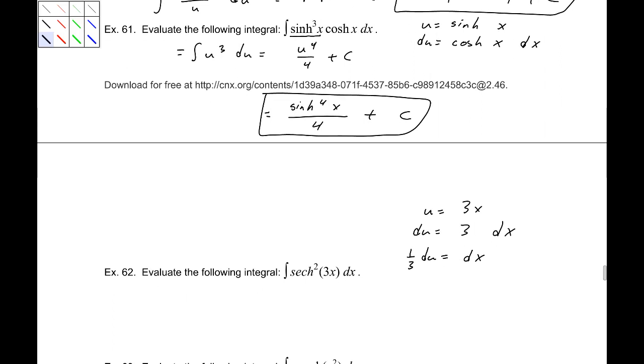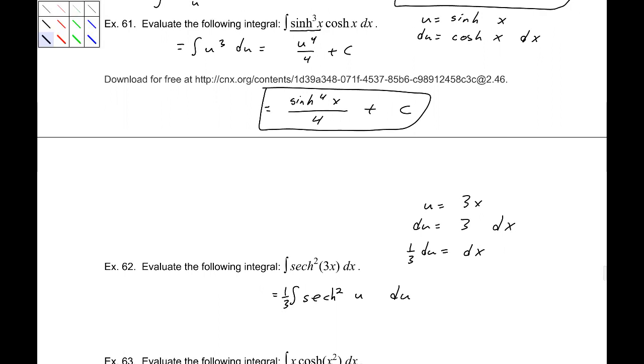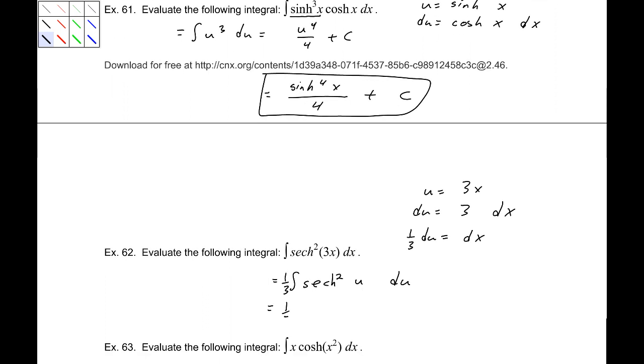So writing this in terms of u, we get the integral of hyperbolic secant squared u du, and I'll bring my factor of 1/3 there. I'm just fine with having a secant squared because the integral of secant squared is tangent. So this is 1/3 hyperbolic tangent of u, and I'm going to substitute it back in because u is 3x, plus c. I always need to make sure we adjust for that inside function we've got.